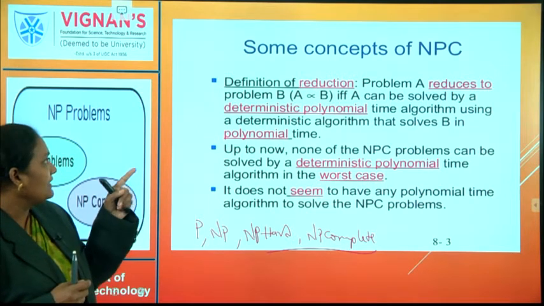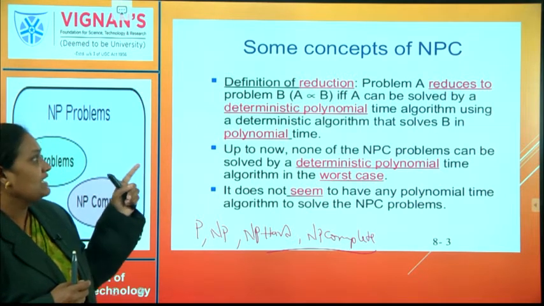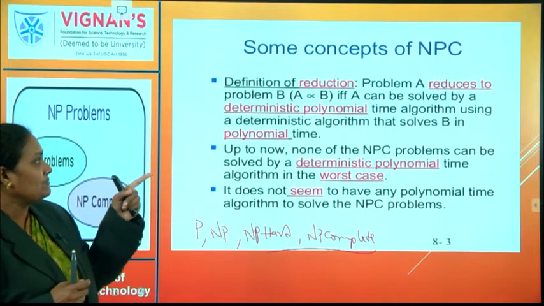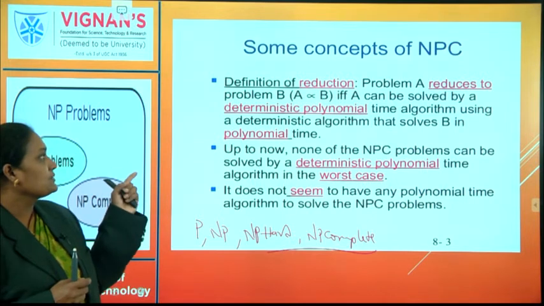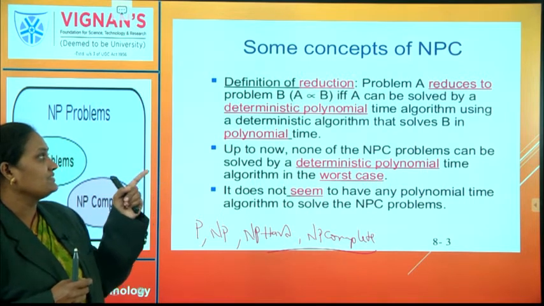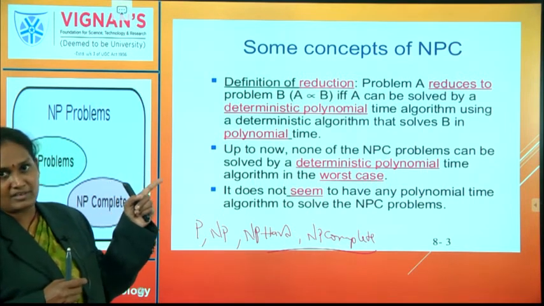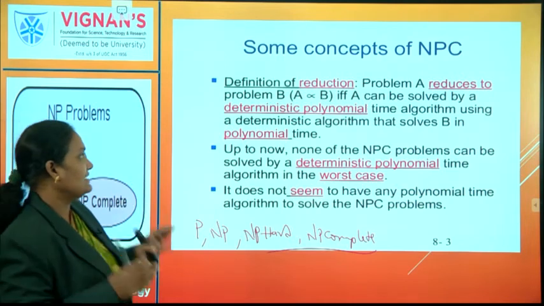Problem A reduces to problem B if and only if A can be solved by a deterministic polynomial time algorithm using a deterministic algorithm that solves B in polynomial time. Now, let us see here.